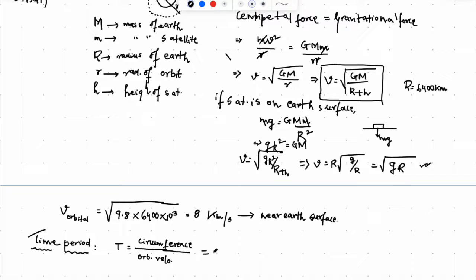Now it's a circular orbit we are assuming, and the circumference for a circular orbit is 2 pi r. So I'll write it down as 2 pi small r, and small r means whatever is the distance of the satellite from the center. So let me write it down as small r plus h divided by the orbital velocity we just calculated, v naught, let's say.